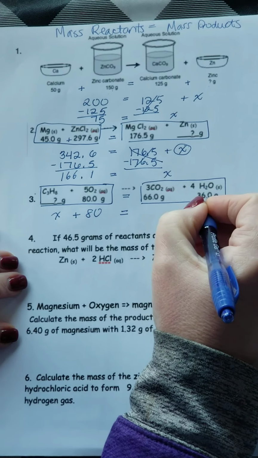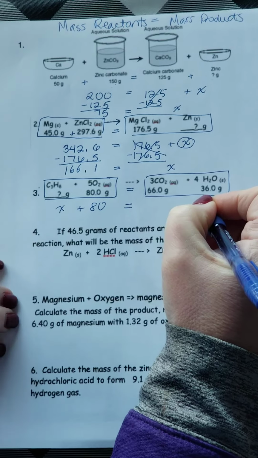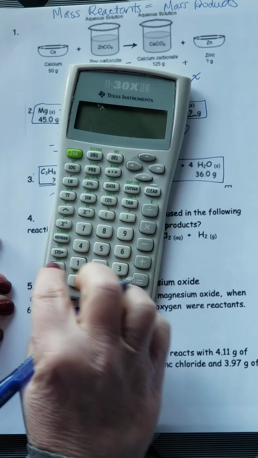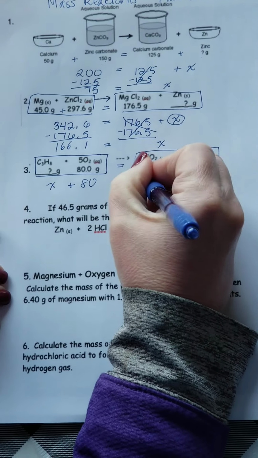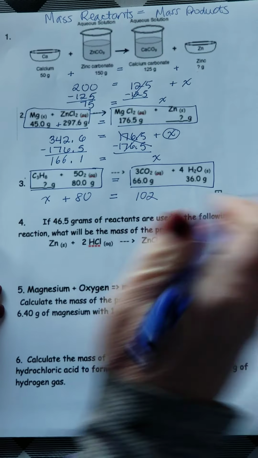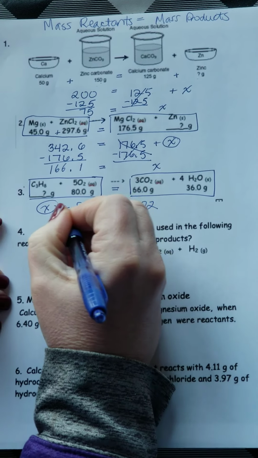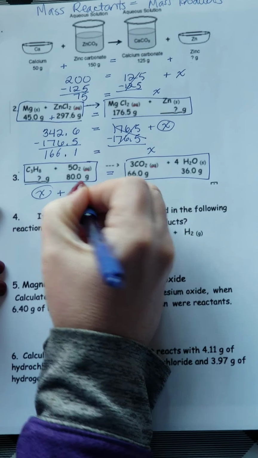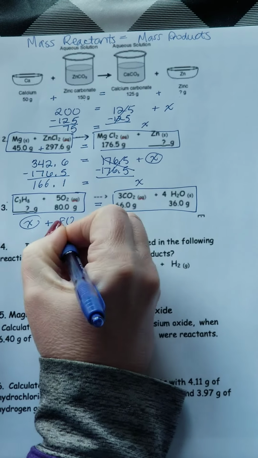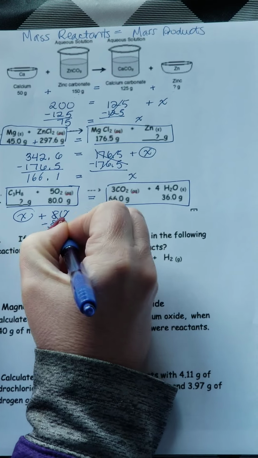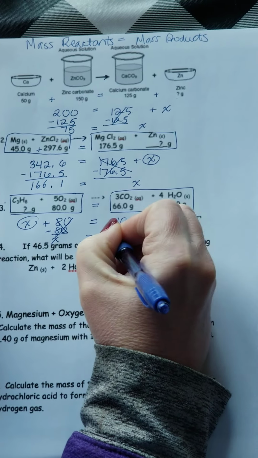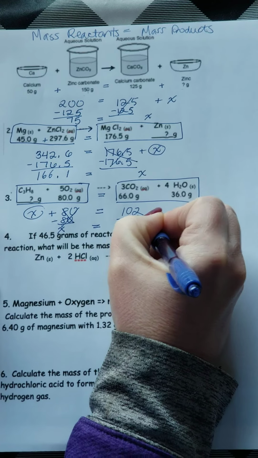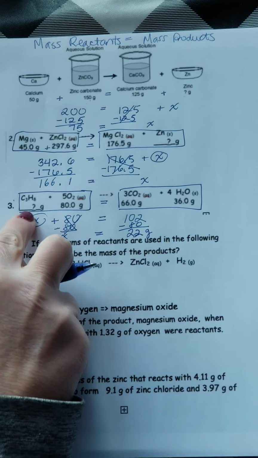We're going to add up those two together, 66 and 36, which is 102. And now we have to solve for x. Again, the opposite of adding 80 is subtracting. Whatever I do to one side, I do to the other. It cancels out, so I get x equals 22. And again, these are grams. In this case, it's grams of propane.